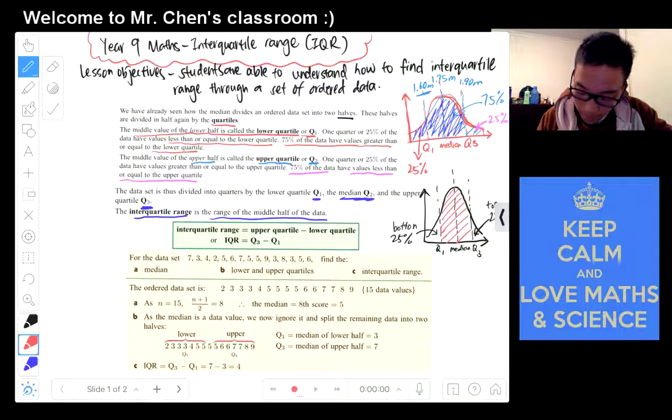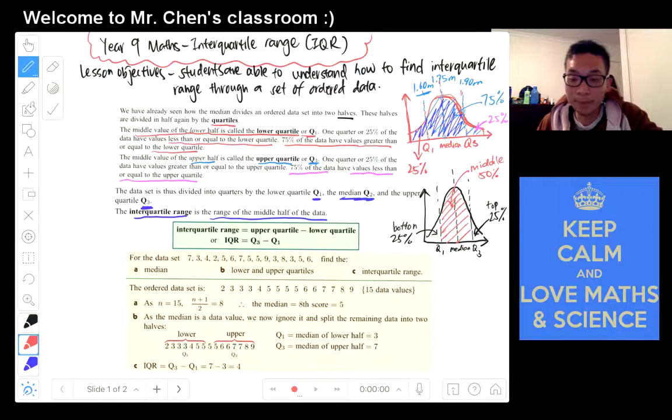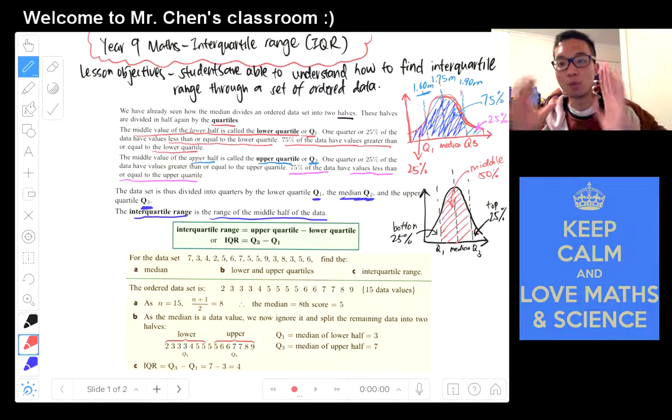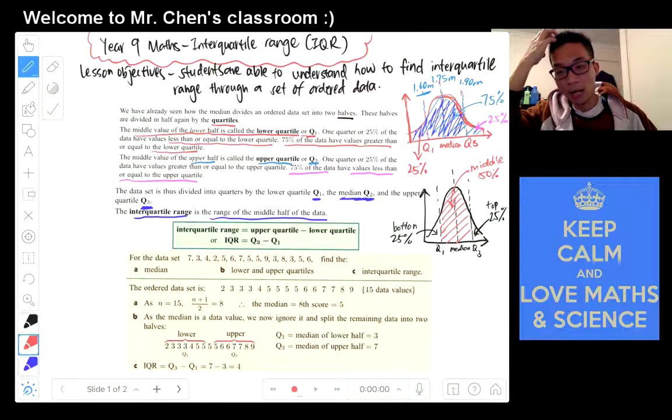This is the middle 50%, and that's what we look at. That's the whole purpose of the interquartile range: to see the range of the middle half of the data.